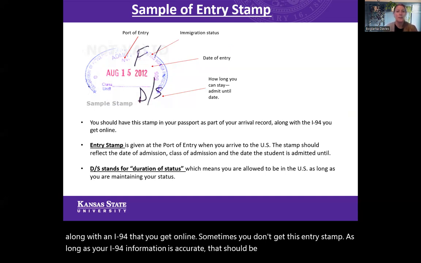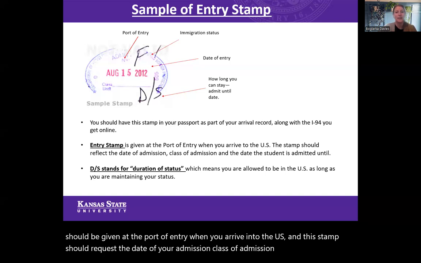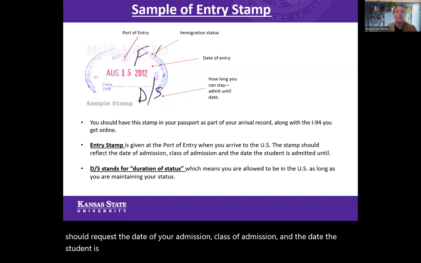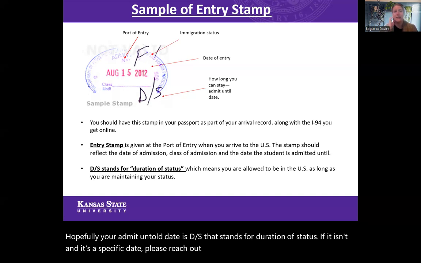But an entry stamp should be given at the port of entry when you arrive into the U.S., and this stamp should request the date of your admission, class of admission, and the date the student is admitted until. Hopefully your admit until date is D/S. That stands for duration of status. If it isn't and it's a specific date, please reach out to ISSS so we can look into your situation.